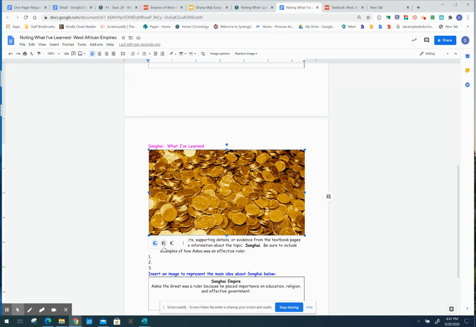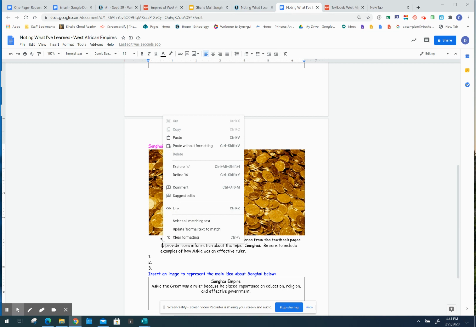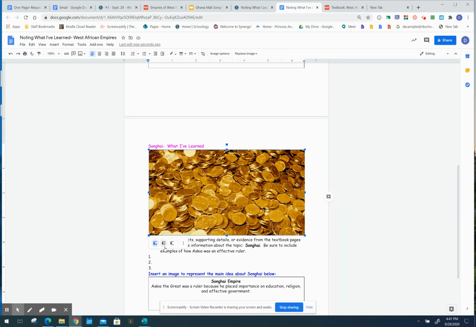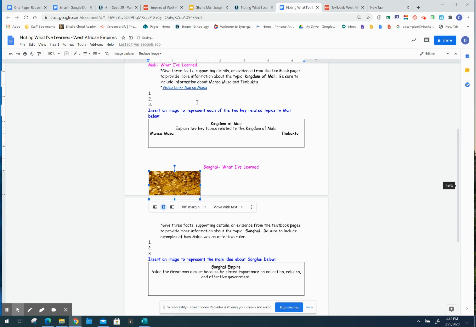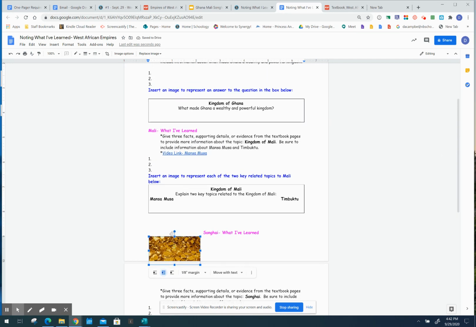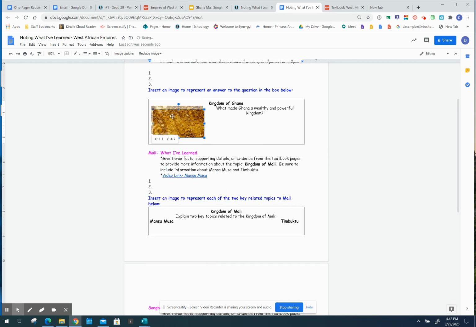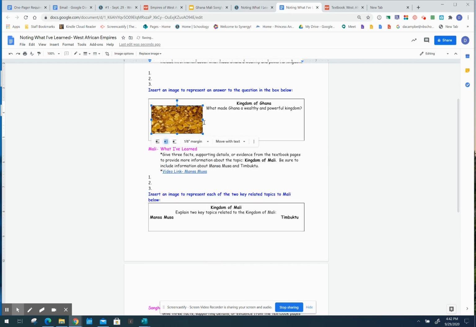So then you would click the middle box. Let me show that again. That's where it says wrap the text. That will allow you to adjust the image and then move it around a little because it got flipped down to the bottom here and we actually want it inside. Okay, so that could show you one of the reasons that made Ghana a wealthy, powerful kingdom.